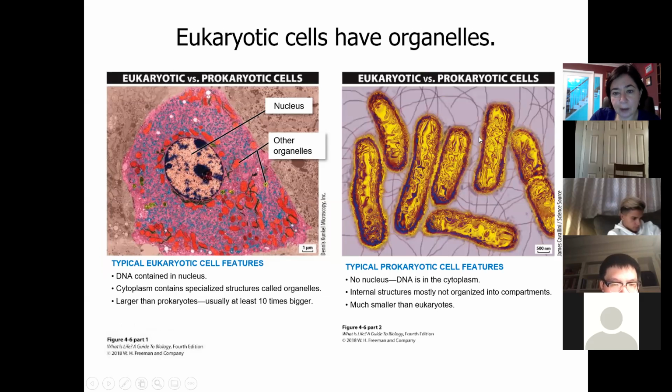Now, if you compare them, this picture is not the same. Again, as I said, the prokaryotic cells are much, much smaller than eukaryotic. So what do you see in the eukaryotic cell? You see also a plasma membrane, right? The border between the cell and the environment.